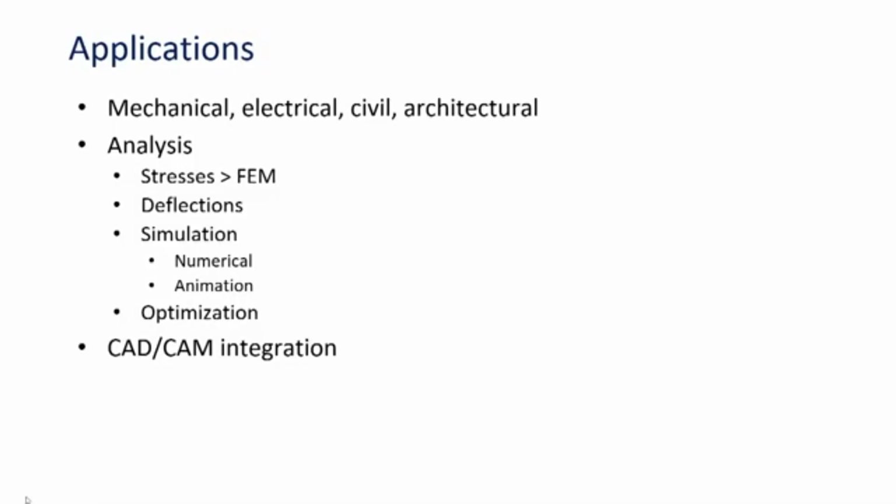What are the applications of CAD and CAM? So, the CAD and CAM techniques are useful in mechanical, electrical, civil and architectural engineering. As far as analysis is concerned, we can carry out the stress analysis. For that purpose we are using a technique called the finite element method.